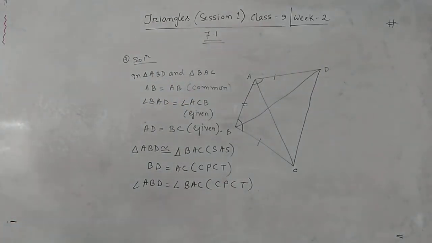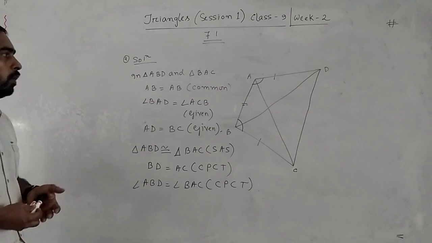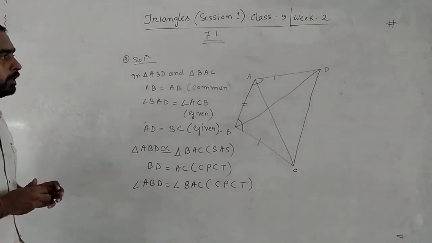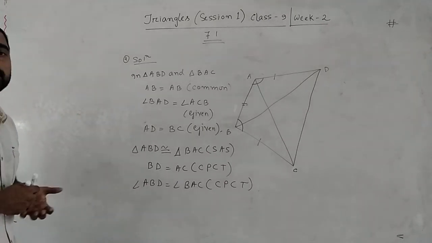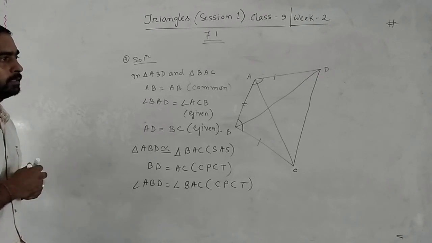So these are the solution. Number 2, simple question, nothing, just anyhow we have to show that the triangles are congruent, and for them 3 conditions are necessary for us.